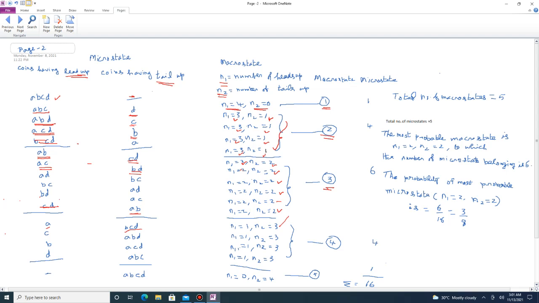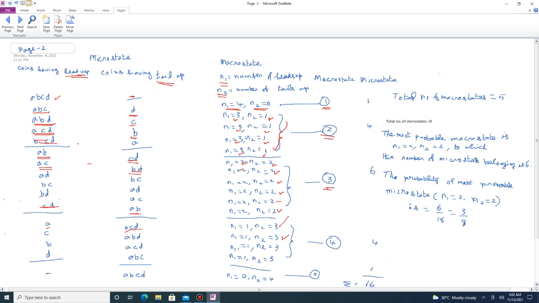So in that case also, N1 is equal to 1 and N2 is equal to 3.